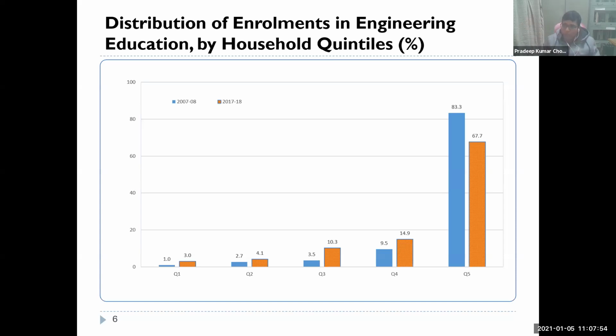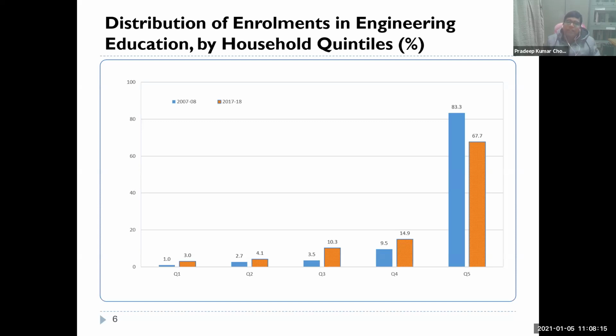If you see that distribution very clearly, out of the total students enrolled in the engineering discipline, the first line is the 2007-8 data, and the blue line is the 2017-18 data. I have taken two points of time.